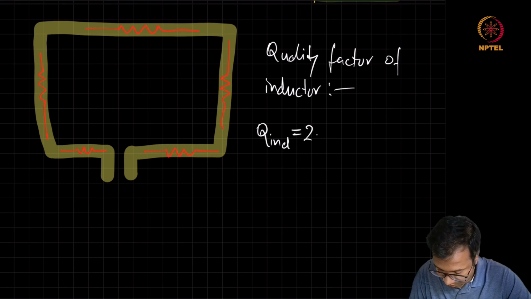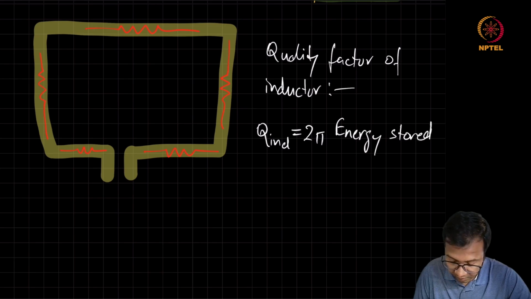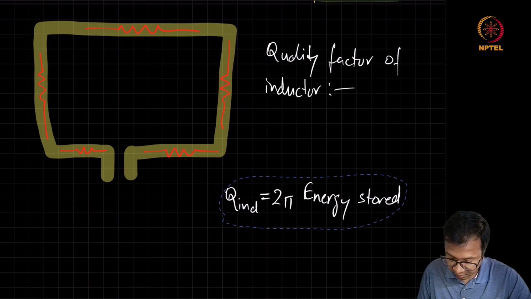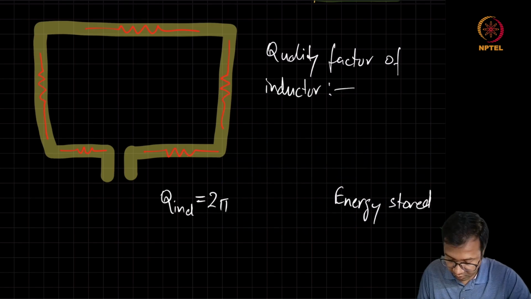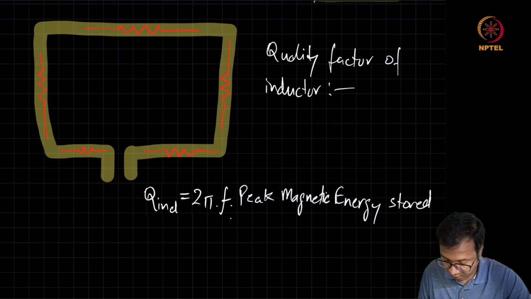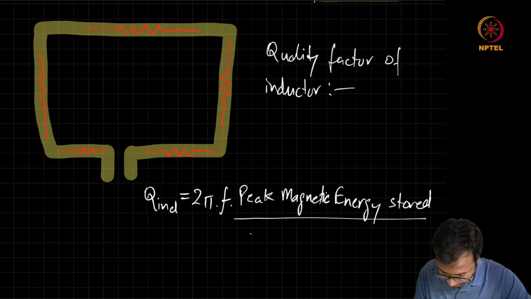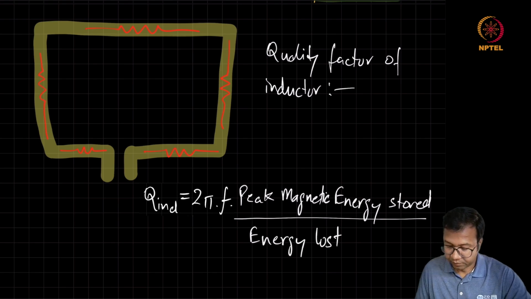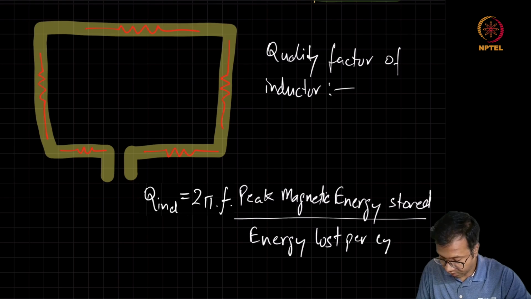This is equal to 2 pi into energy stored. I should say peak energy stored, because this inductor may not always be at resonance. So the Q of the inductor is going to be 2 pi into peak magnetic energy stored divided by energy lost per cycle.